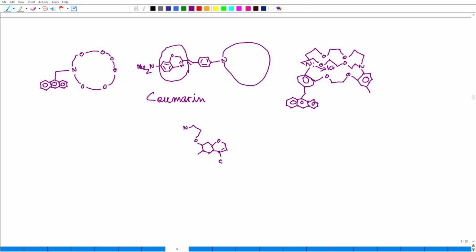These are another coumarin derivative. This is also a coumarin derivative. This is not connected, but this is integrated. That is the difference between the two.